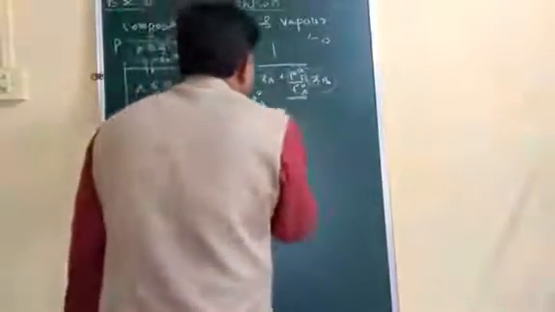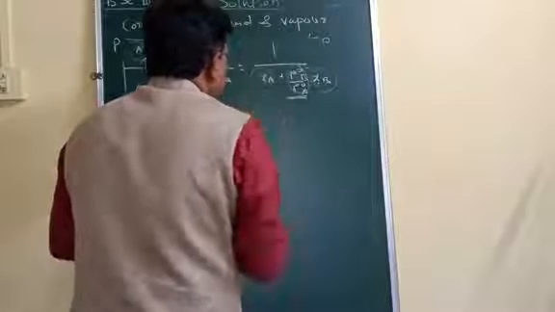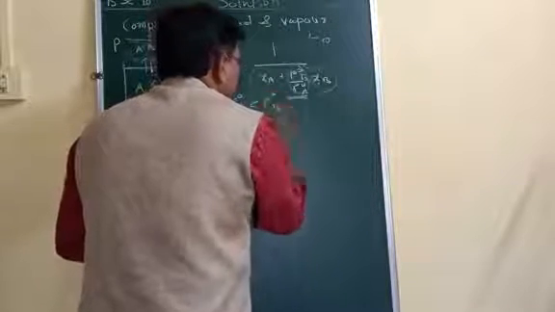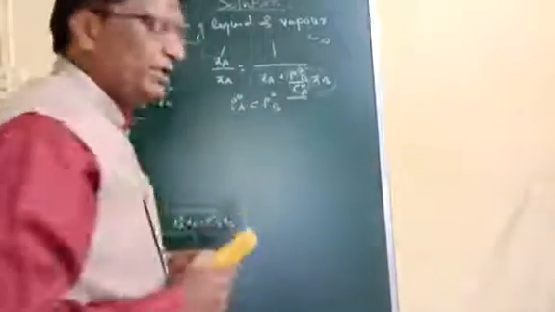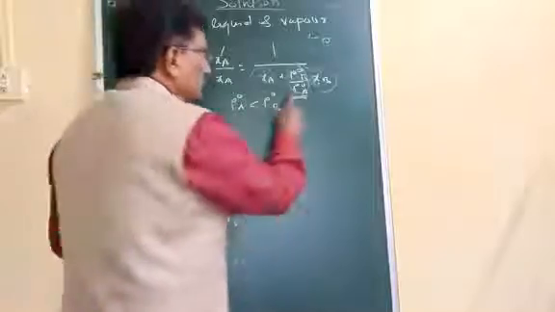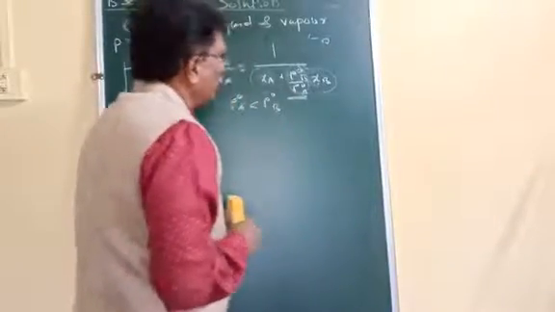Now consider, suppose P0A is less than P0B, that means the vapor pressure of B is greater than the vapor pressure of A, then what will happen? See this equation.